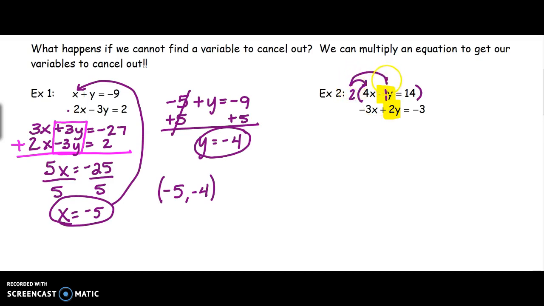So we're going to distribute to all three, even the answer. So 2 times 4x is 8x. 2 times negative 1y is negative 2y. 2 times 14 is 28. And then rewrite your second equation.